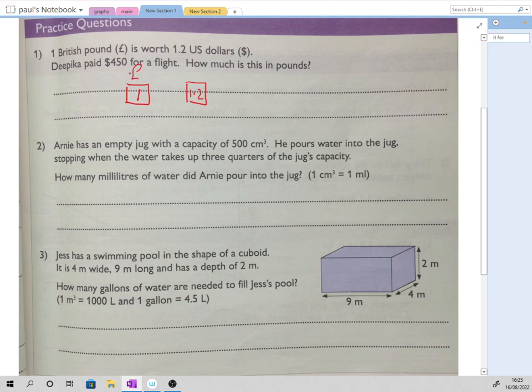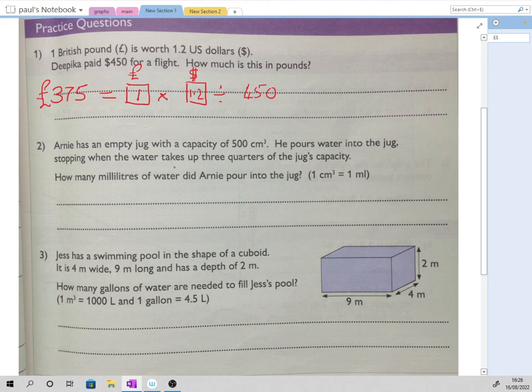So that's the pound sign. That's the dollar sign. And we've got $450. So we start over this side, 450. We divide, we multiply, and we equals. So we're working from the right. So 450 divided by 1.2 times 1 equals £375.